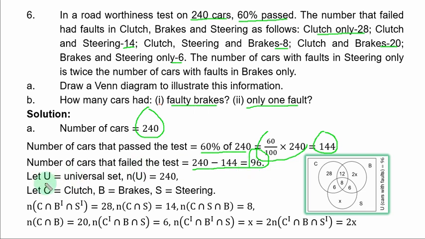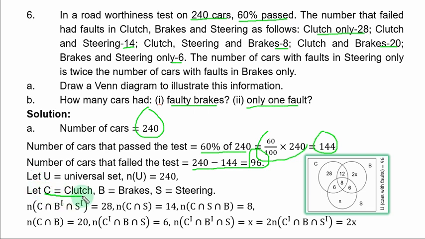Now we have the general universal set. All the cars tested you have 240, but this question centers on cars with fault. So we are working with 96 in the solution.